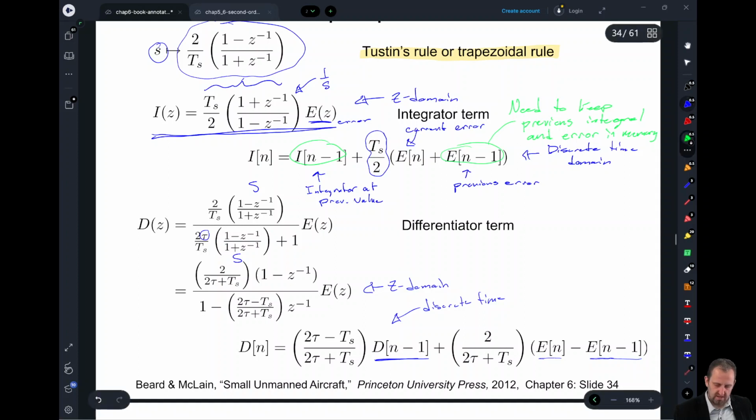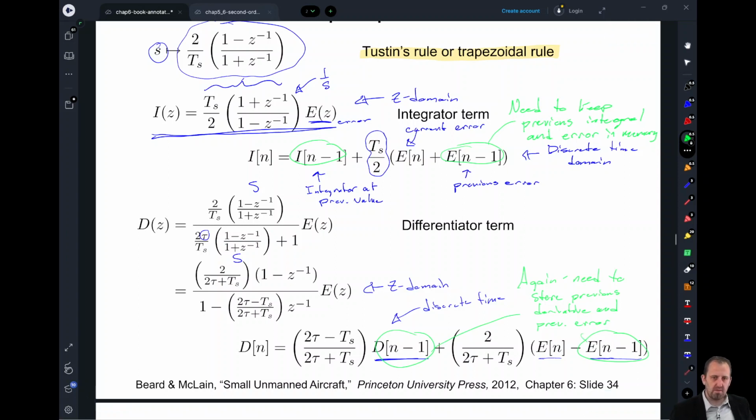So again, we need to store the previous derivative value and the previous error. So that's these two terms.